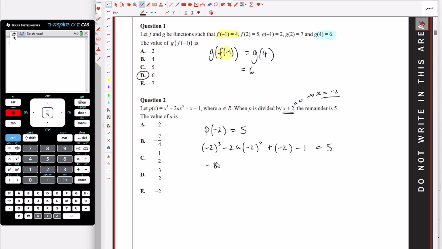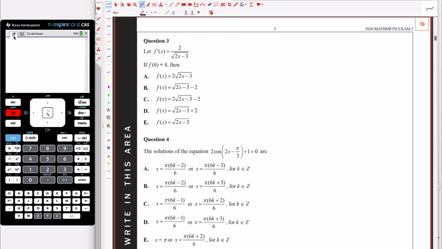So -8, -2 all squared is +4, so times -2 is -8a, and then we've got -2 and -1. All right, so we've got -8a minus 11 equals 5. And so adding 11, -8a equals 16, and so a is going to be -2, so option E.